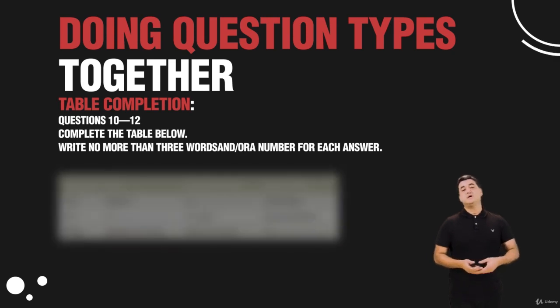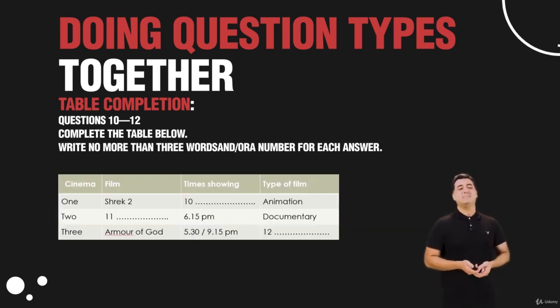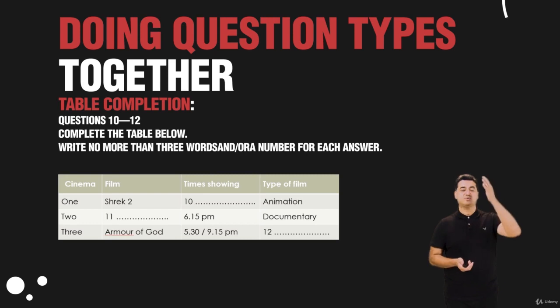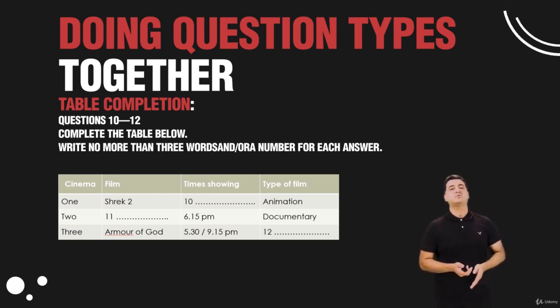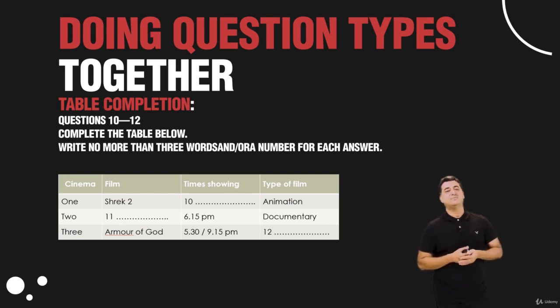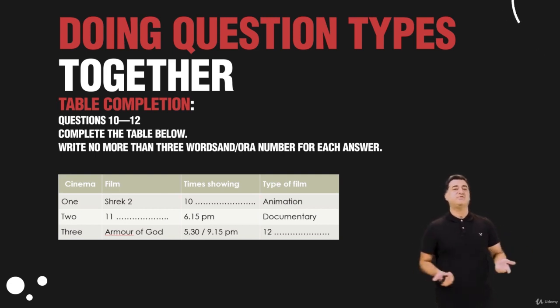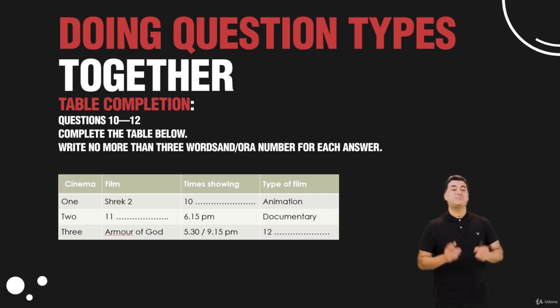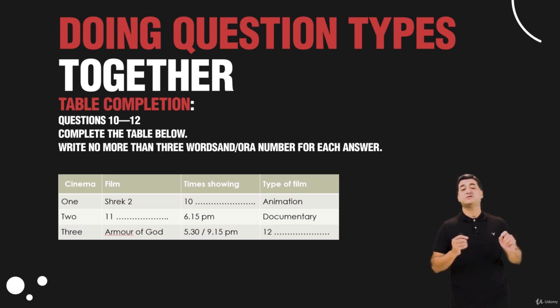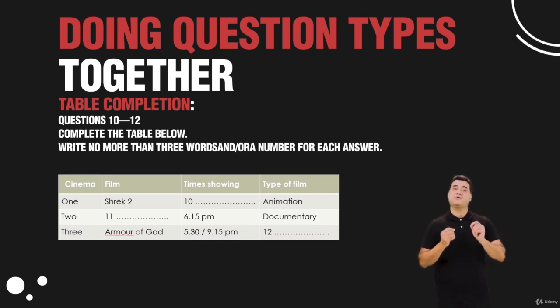For example, column 1 tells us about cinema, column 2 tells us about films, column 3 tells us about time showing, and the last column is mentioning type of film. So let us play and find out. Please note that the answer has to be no more than 3 words and or a number for each answer. So let's do it.